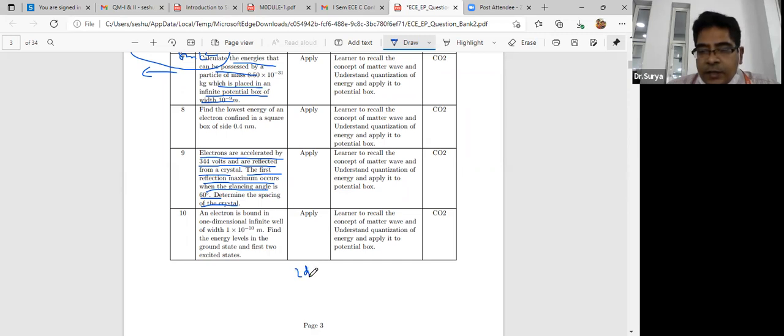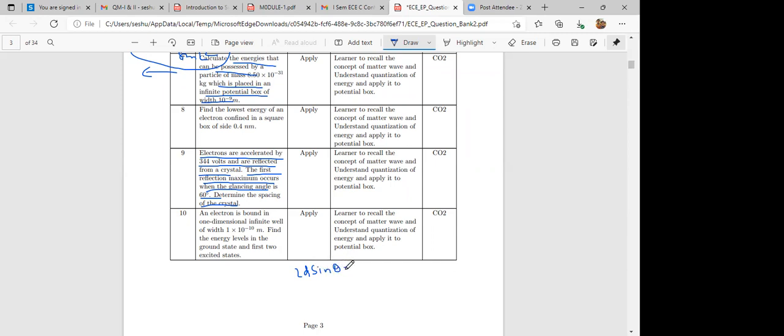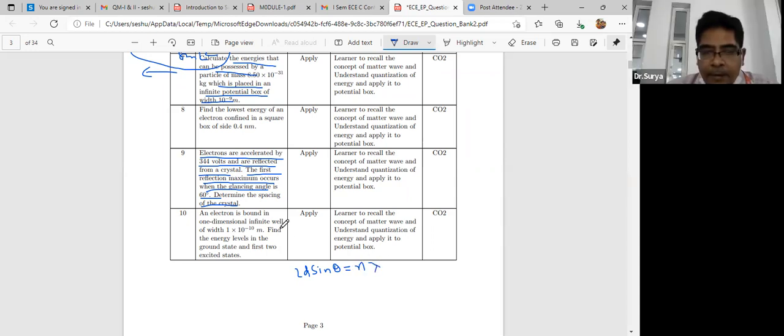The expression is 2d sin theta is equal to what? n lambda. Very good. So what is asked to find? The first diffraction occurs when the glancing angle is 60 degrees. Determine the spacing of the crystal.